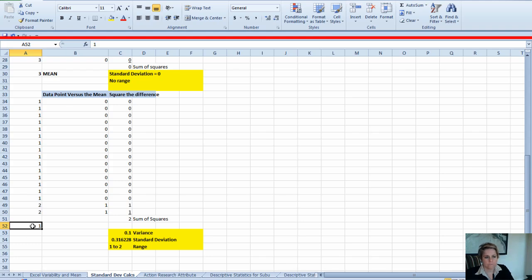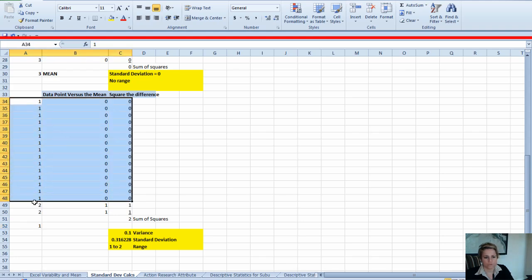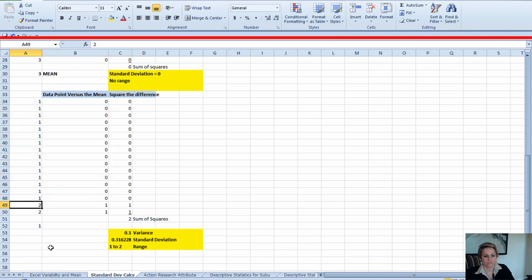So if this were the mean, 1 minus 1 is 0. There's no variation away from the mean on that data point. 1 minus 1, 1 minus 1, all the way down to the 2's. So there's no dispersion away from the mean until you get to the 2. So this signals to you, just by looking at the data, not a lot of variation, not a big standard deviation. When you get to a 2, you subtract 2 minus 1 to give you 1, and 2 minus 1 to give you 1. The square of both of those is 1.